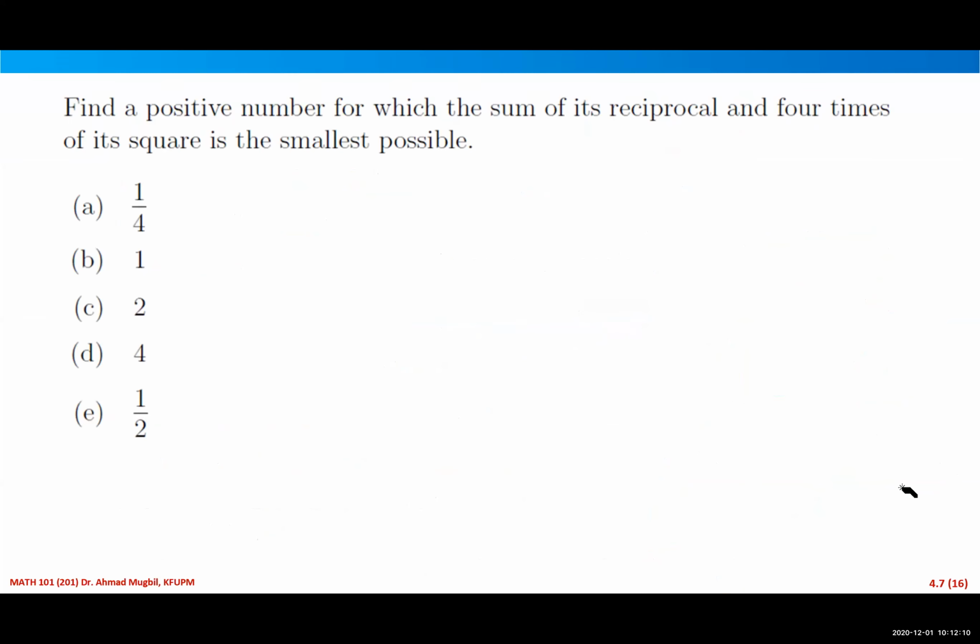In 3 minutes, we need to think together, Shabab, how to solve this exam question. Also, I want you to have an idea about numerical problems like this. Find a positive number, so we will call it x, for which the sum of its reciprocal, which is 1 over x, and 4 times its square, its square is x squared, so here we have 4x squared, is the smallest.